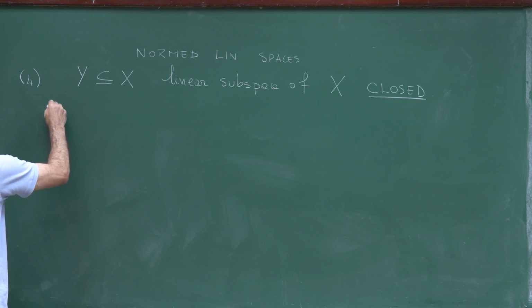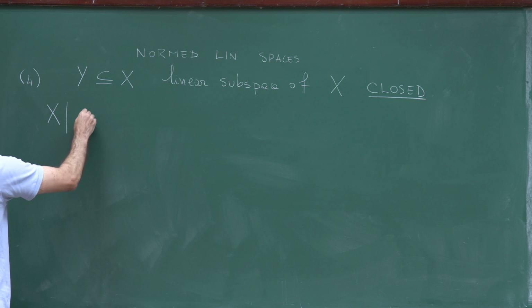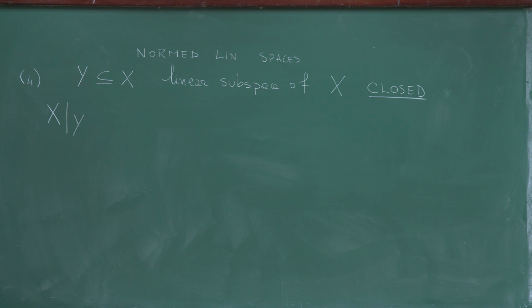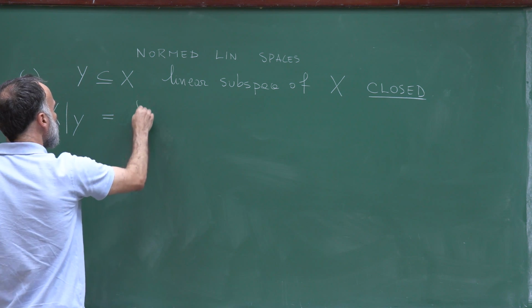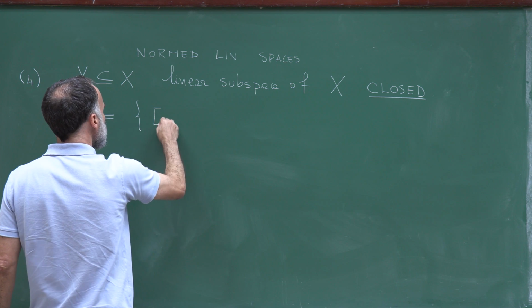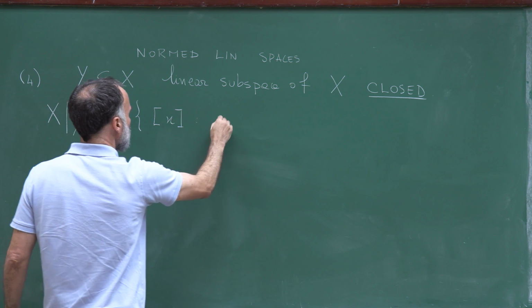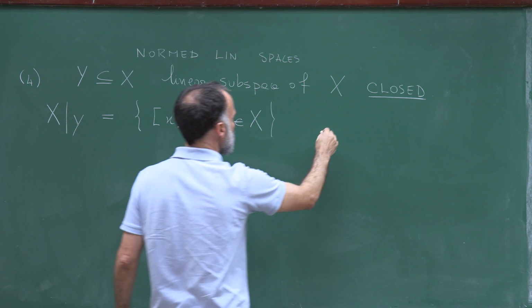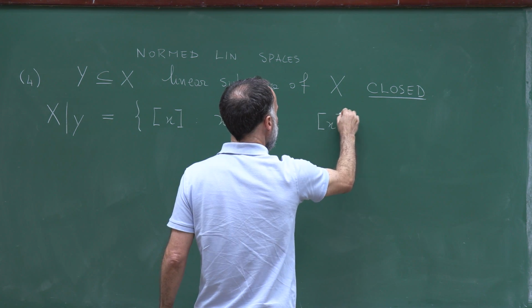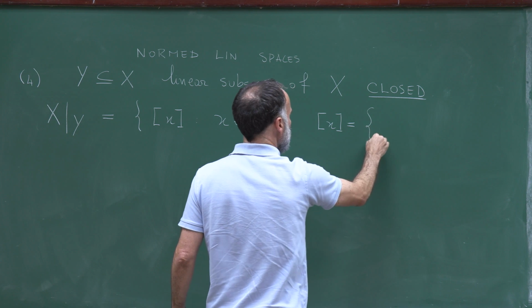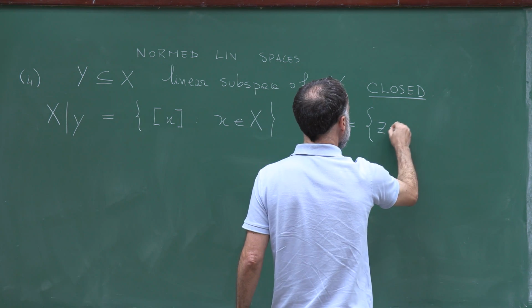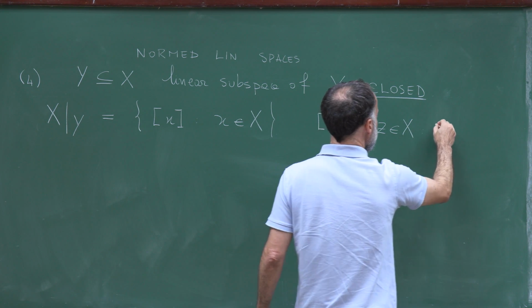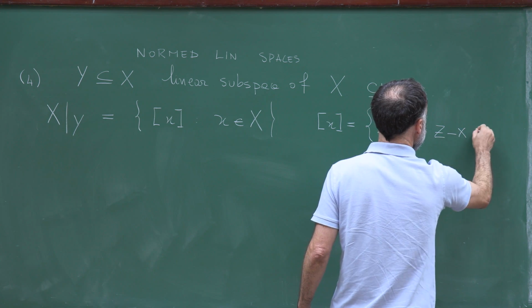In a previous lecture, we defined the quotient space of X modulo Y, which is represented by this symbol, and which is formed by all equivalence classes. And remember, the equivalence class of x is the set of points z in X such that z minus x belongs to Y.